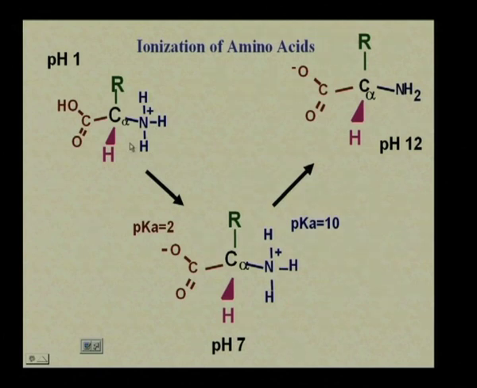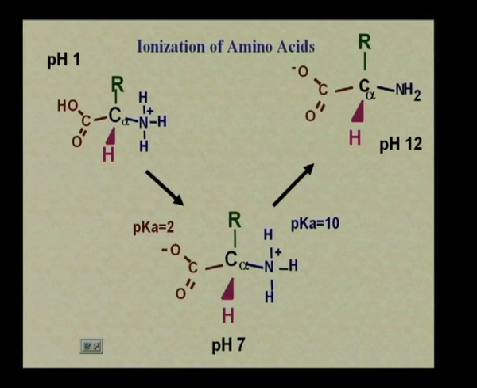As you increase the pH, or rather if you consider a titration, say you are adding base. So, what is going to happen? The base is going to abstract the protons from the amino acid in the order of the ease of abstraction. So, what is the first one that is going to get lost?